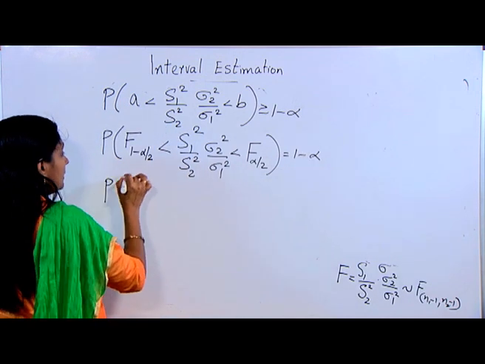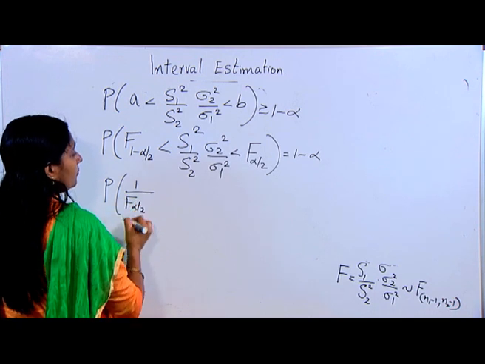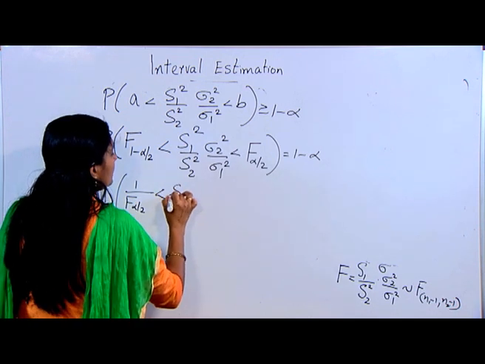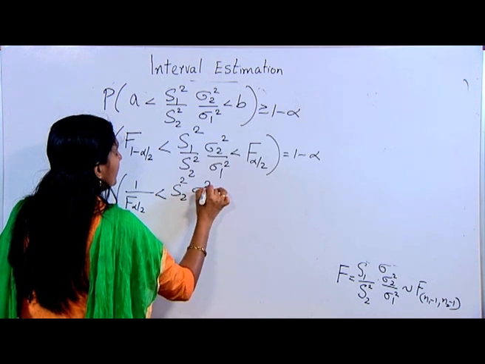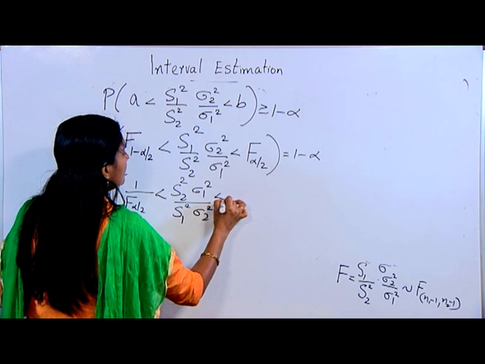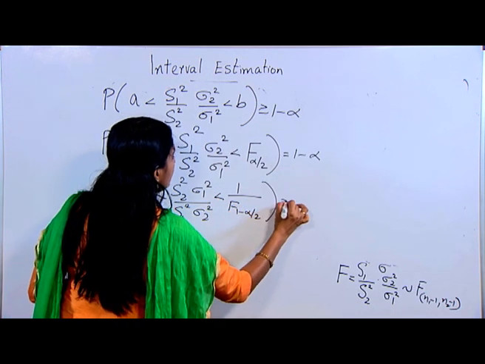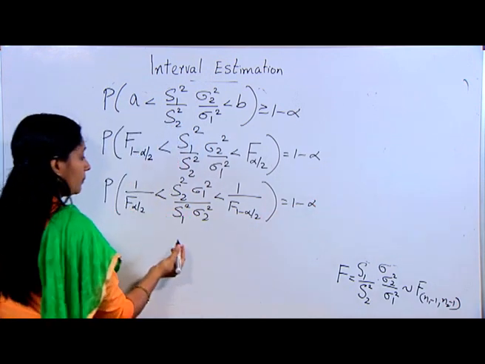And hence, by taking the reciprocal, 1 by F alpha by 2 less than s2 square sigma 1 square by s1 square sigma 2 square less than 1 by F 1 minus alpha by 2 is equal to 1 minus alpha.